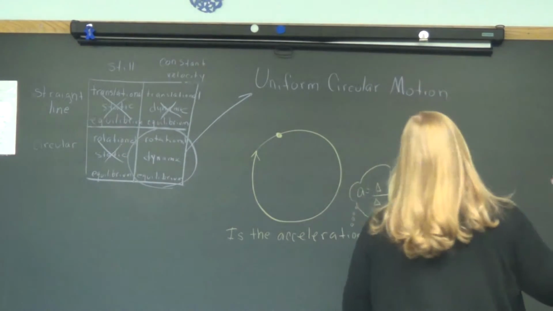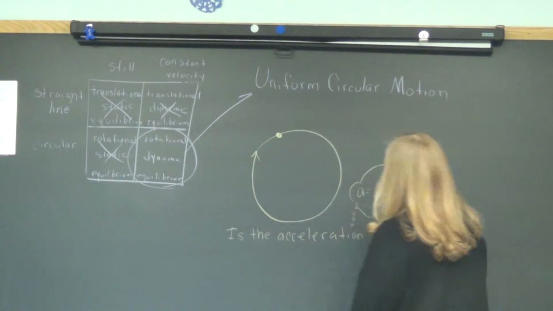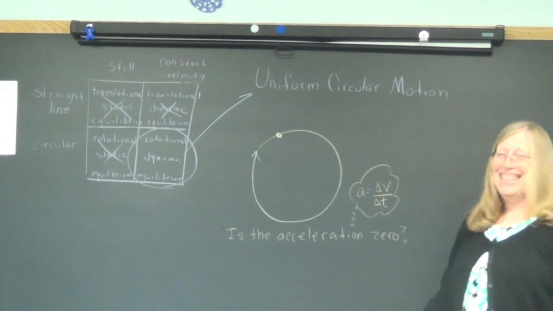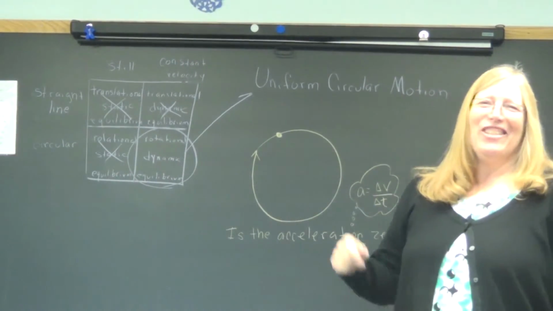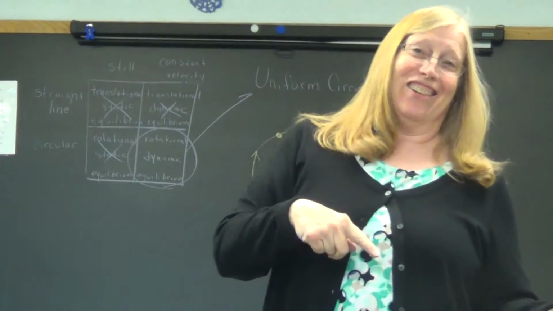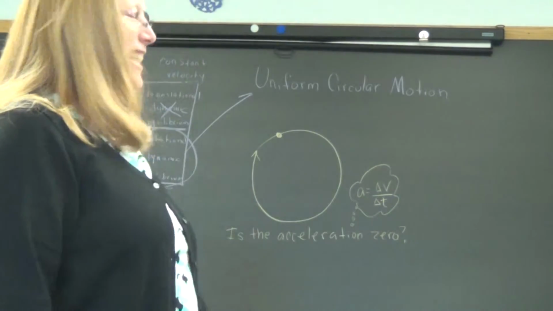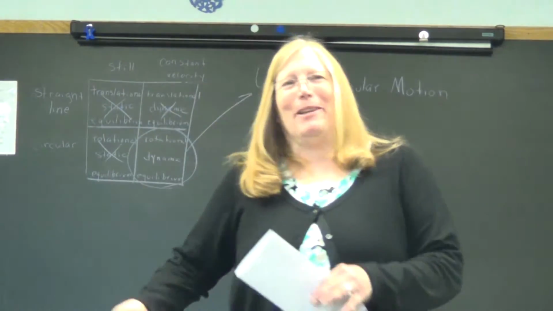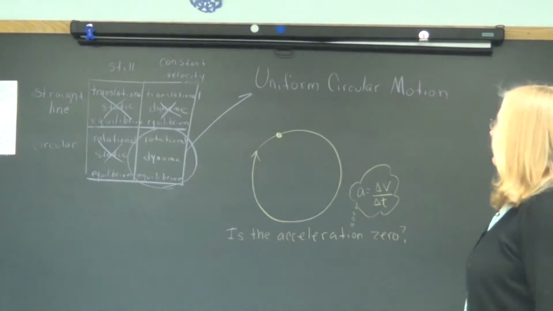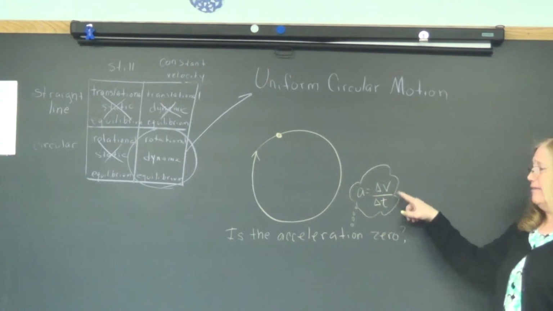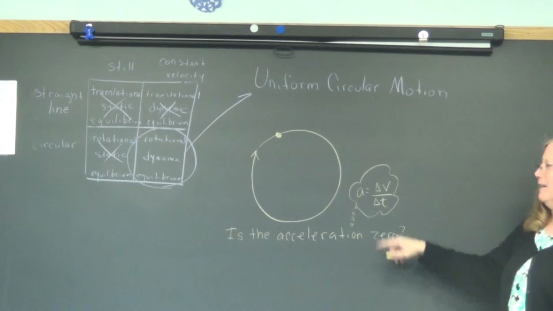The derivative of velocity is acceleration, so we could say dv/dt. So she was aiming in the right direction. Acceleration is the change in velocity over the change in time.